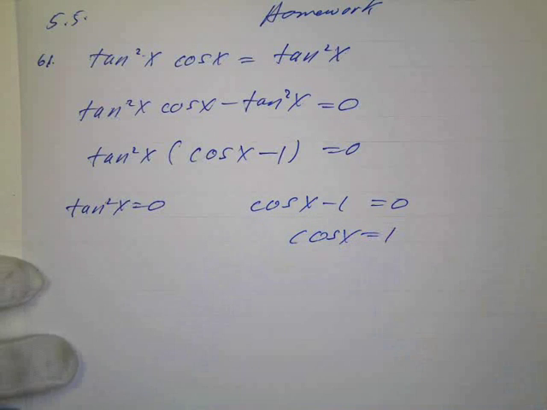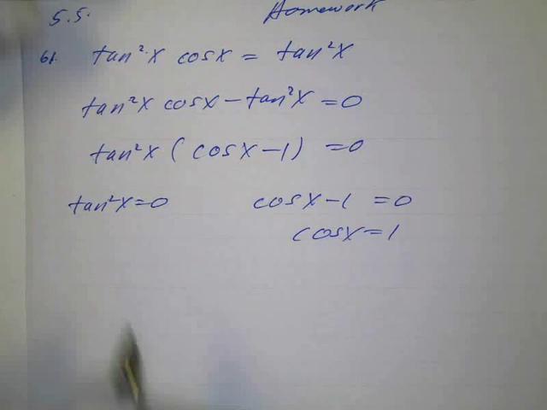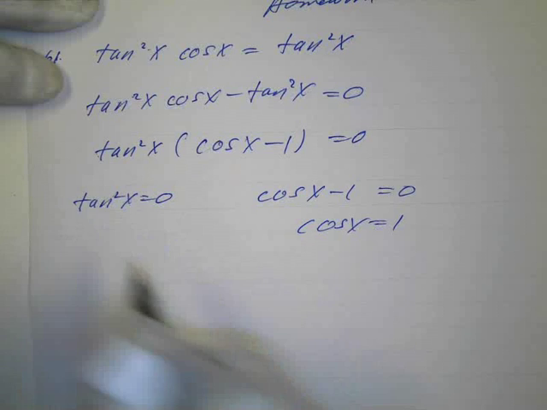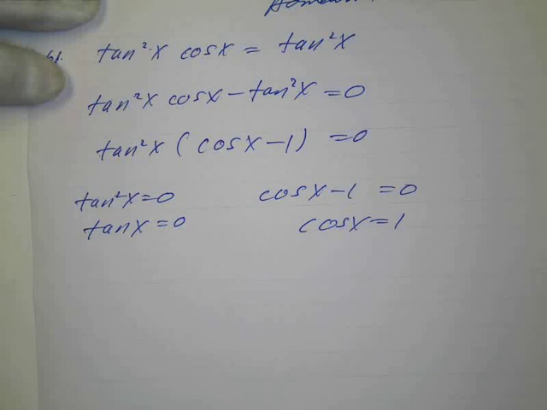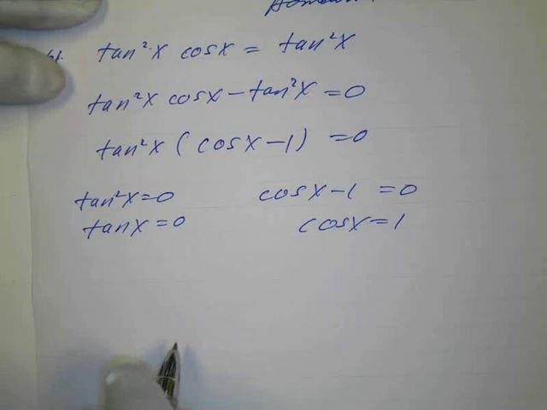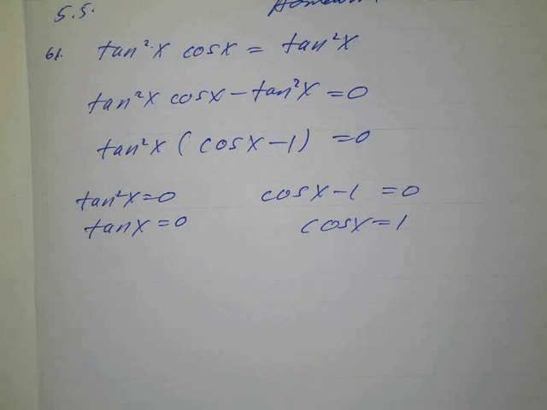This would say that the cosine of x equals 1. And if the tangent squared of x equals 0, we can take the square root of both sides, and so the tangent of x equals 0. And you can go back over here. When is the tangent equal to 0?